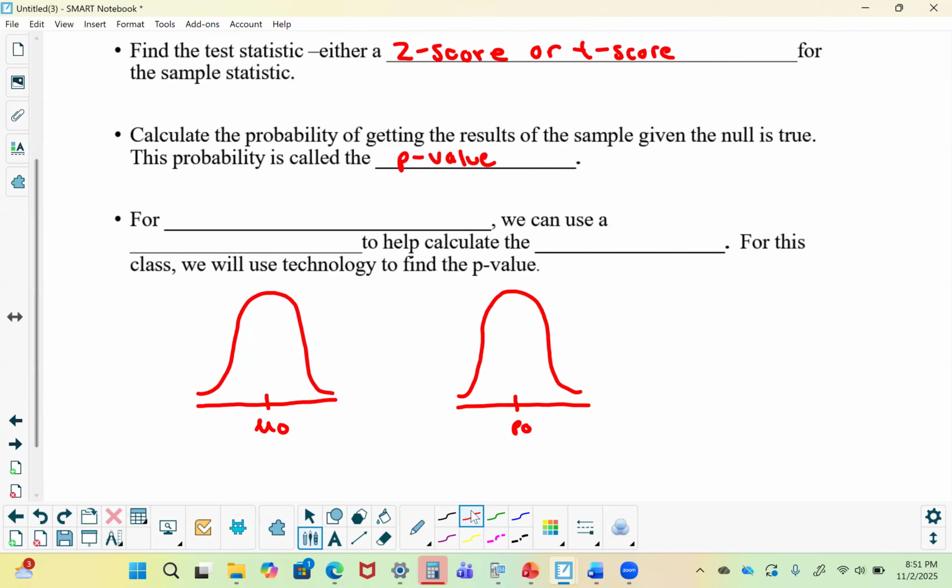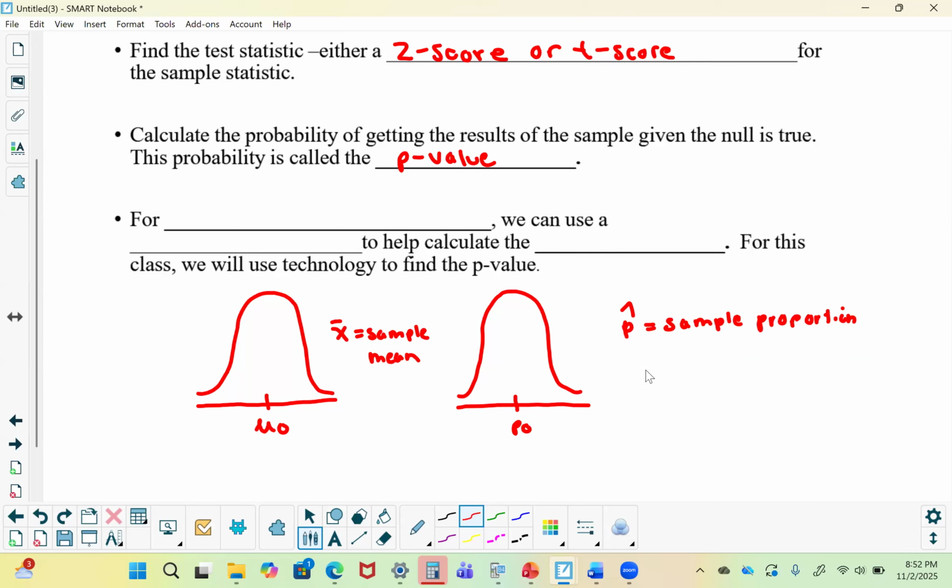Then we get our sample data, and we calculate either p hat, our sample proportion, or x bar, our sample mean. And using that, we calculate either the z-score or the t-score.